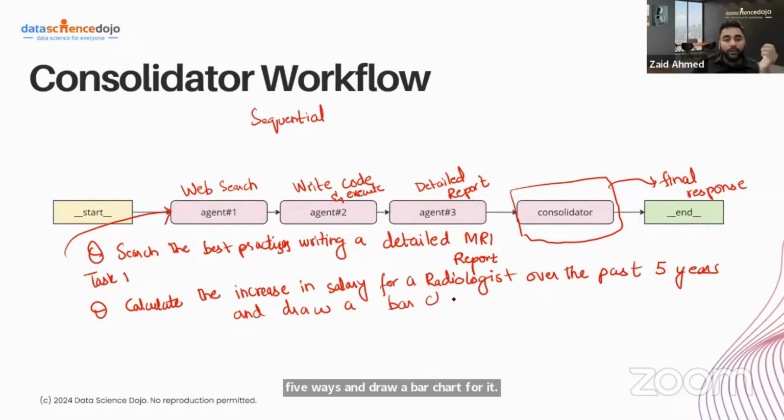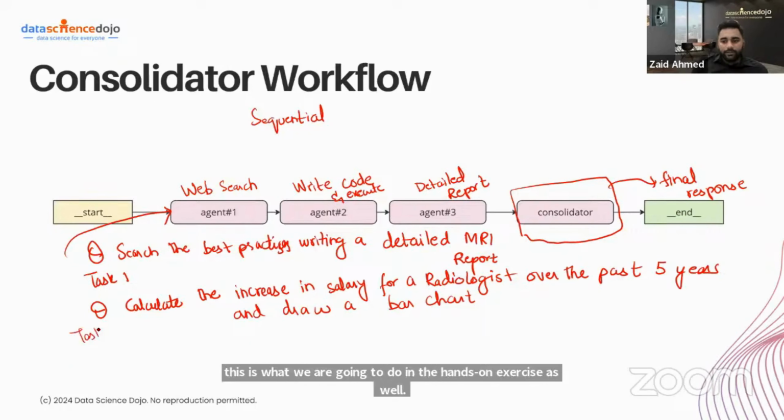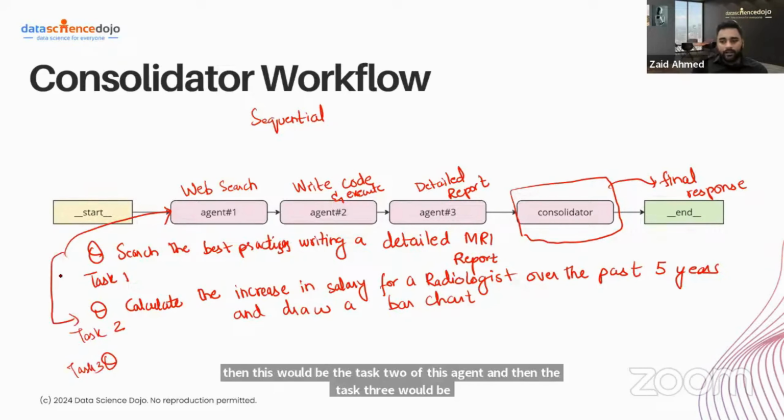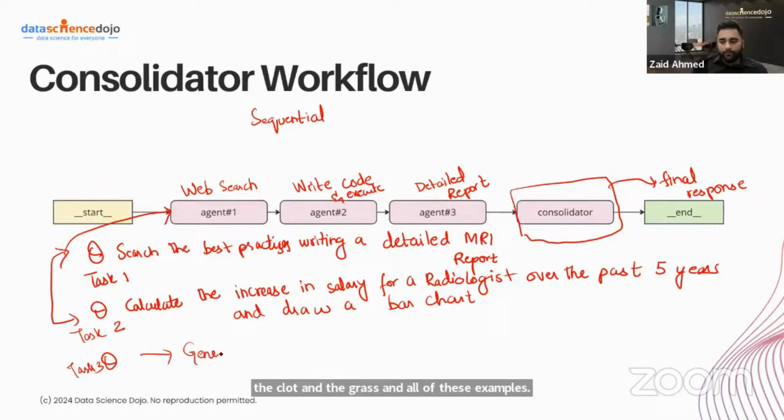And this is what we are going to do in the hands-on exercise as well. This would be task two of this agent, and then task three would be, considering the plots and graphs and all of these examples, generate a detailed report for my assignment.